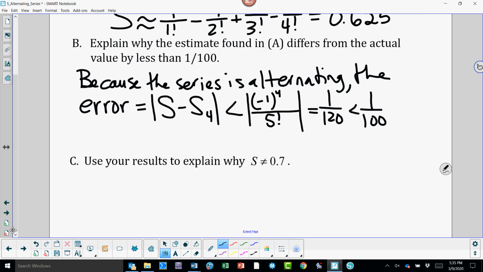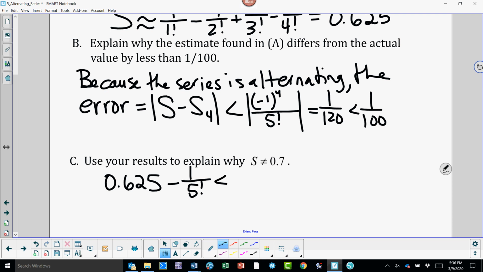And then explain why the sum cannot be 0.7. Okay, so our estimate is 0.625. The worst case scenario is that we are off by 1/5 factorial, or 1/120th.